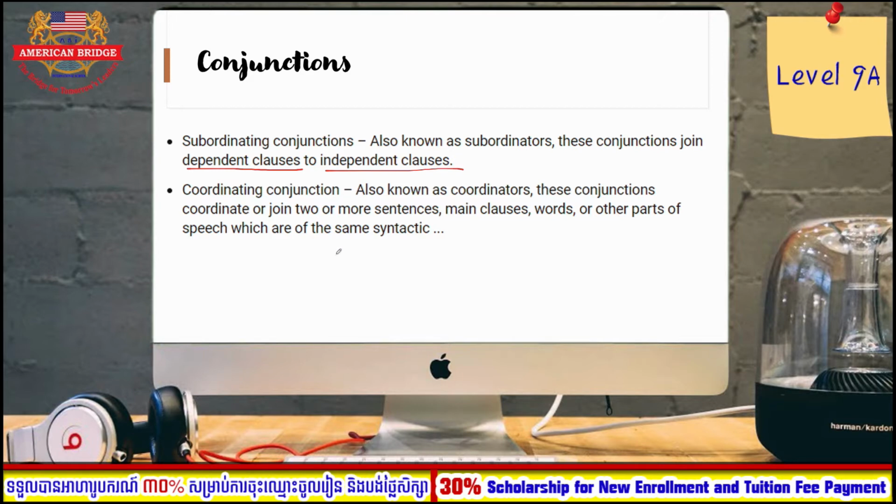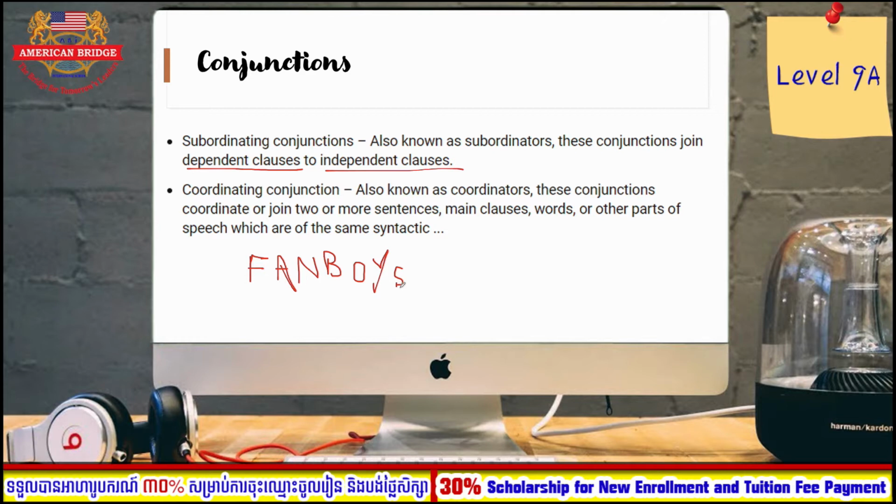For the coordinative conjunctions, we have an acronym to remember. We have the word FANBOYS, right? F, A, N, B, O, Y, S. For FANBOYS, we have the letter F, which stands for the word for, A stands for the word and, N stands for the word nor, B, but, O means or, Y means yet, and S means so.